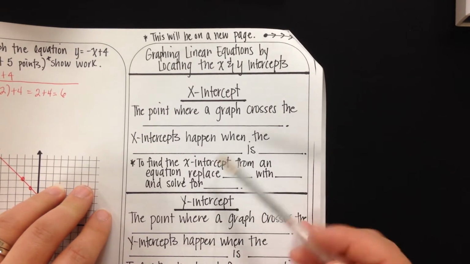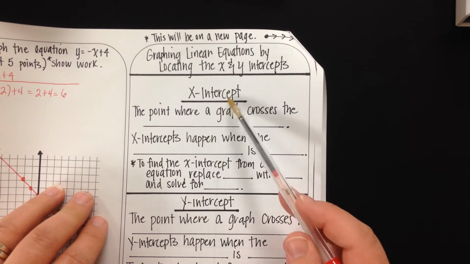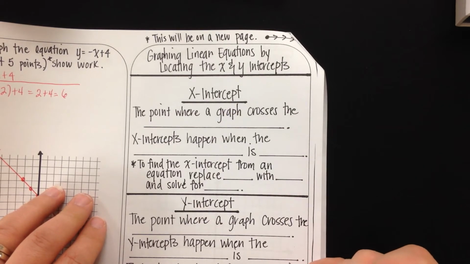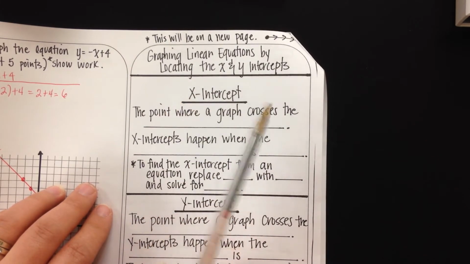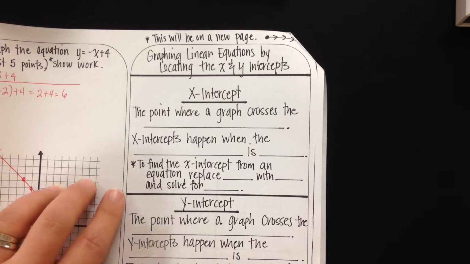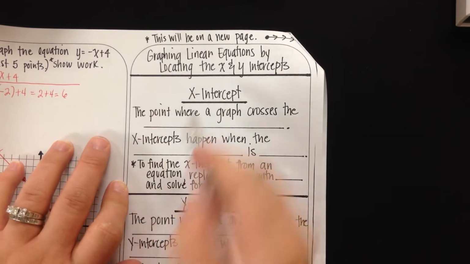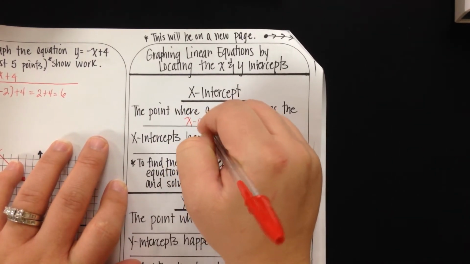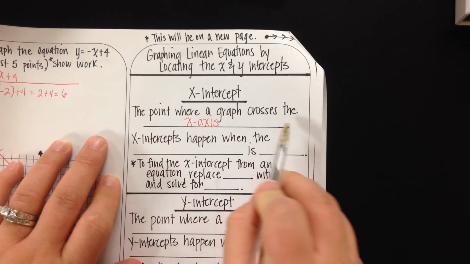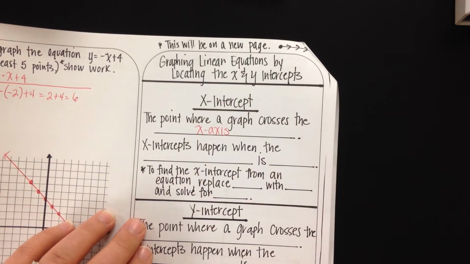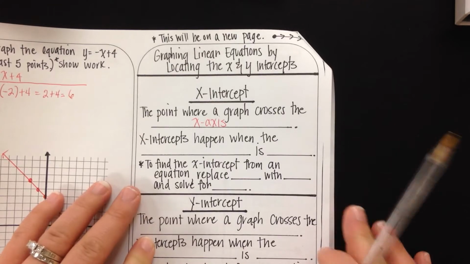Now, conceptually though, every year students confuse what the x and the y intercept are. So let's focus on the x-intercept here real quick. The x-intercept is the point where the graph crosses the x-axis. Remember, it's that horizontal line. So it's wherever it crosses that horizontal line.